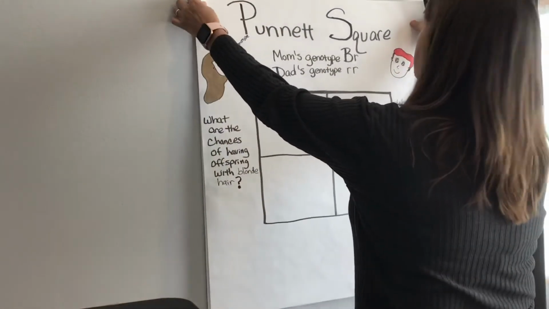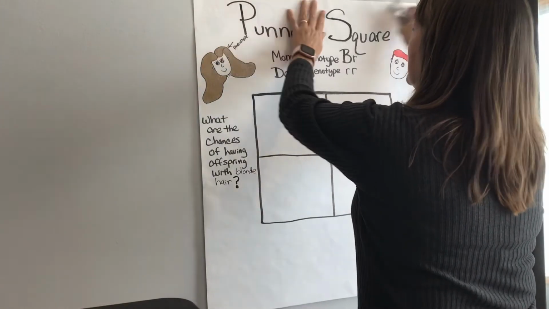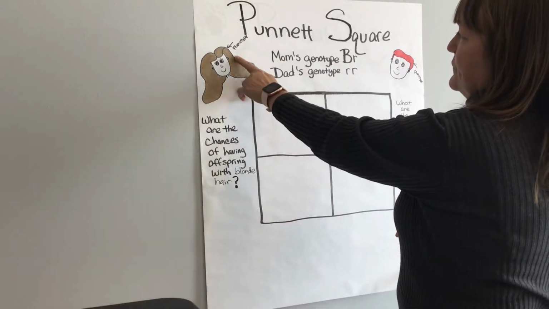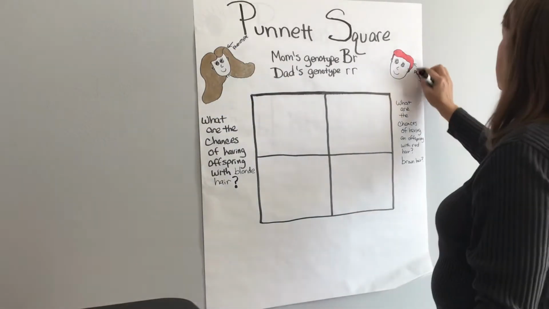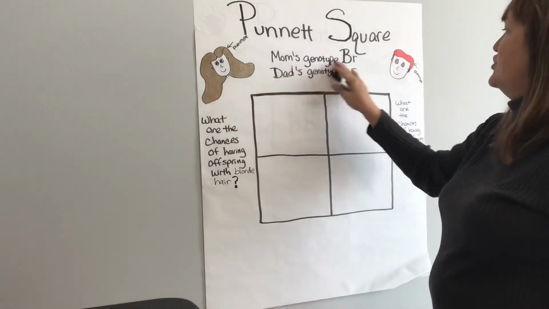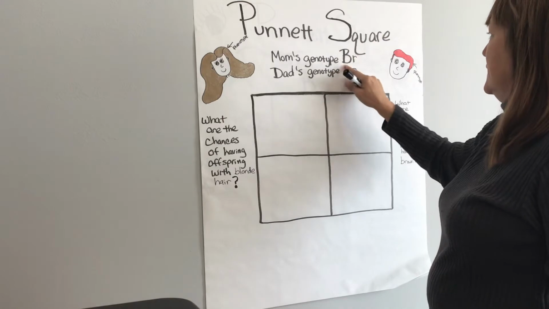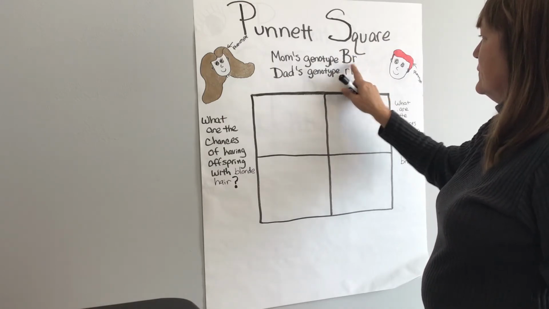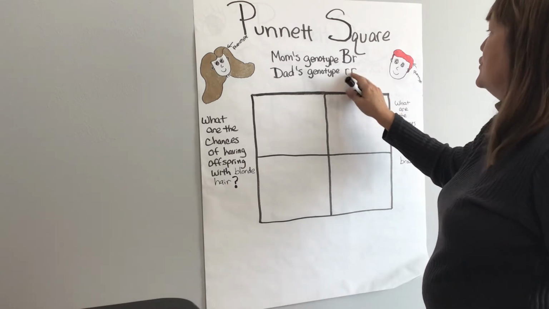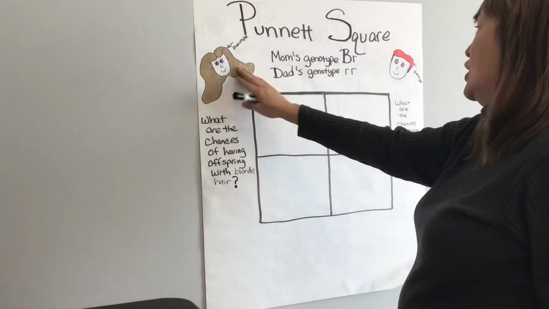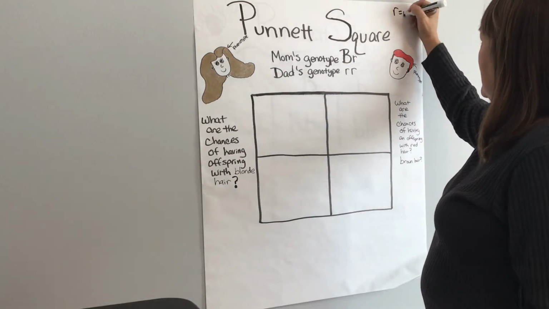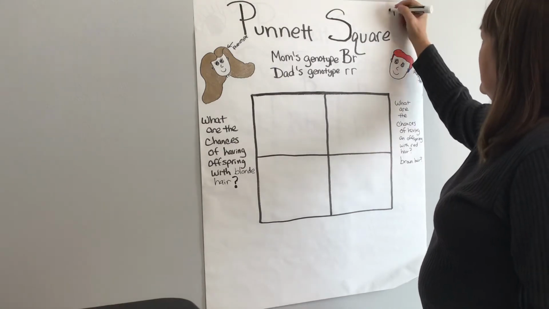And this one is for hair color, okay? So mom's phenotype, she has brown hair, that's her phenotype. Dad's phenotype is red, for red hair. And mom's genotype is dominant B, recessive r. And dad's genotype is recessive r, recessive r. So in other words, even though mom has brown hair, the lowercase r is representing red hair, okay, two recessives.